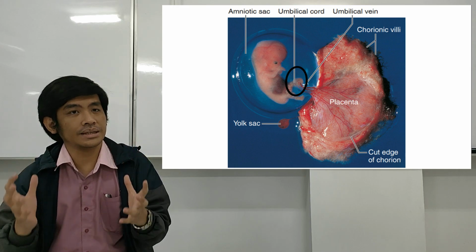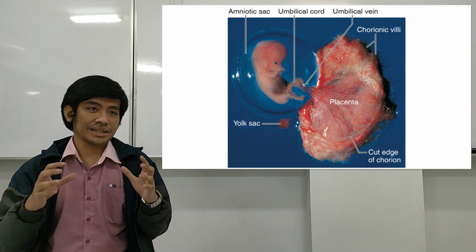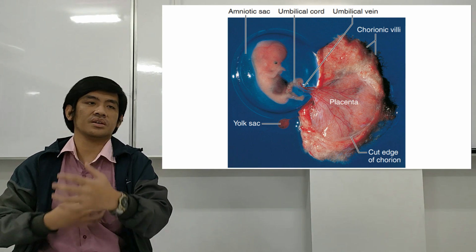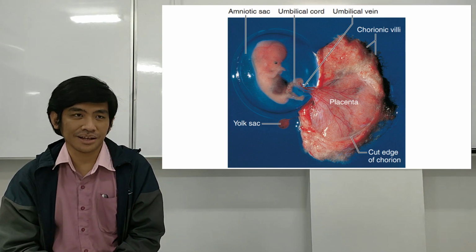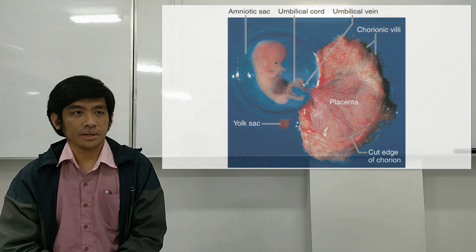We call this the umbilical cord. By the 3rd week, the placenta is functioning to deliver nutrients and oxygen, as well as removing all waste products from the embryonic blood. And all this happens through the placental barrier.